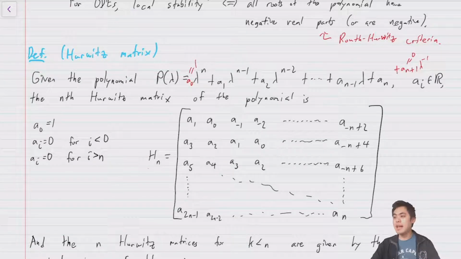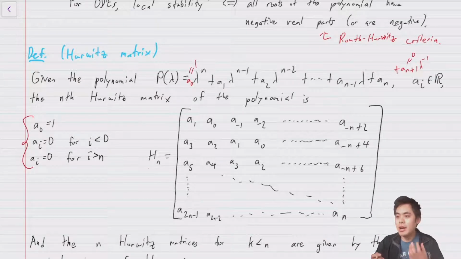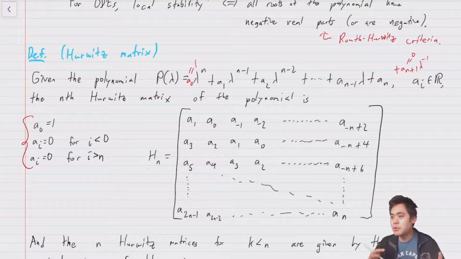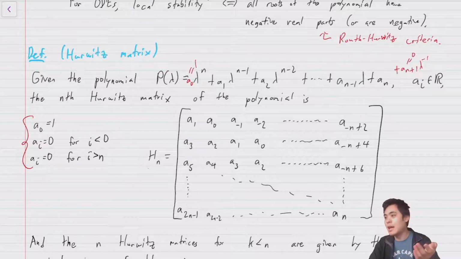And so you have things like that, which is all encoded over here: a0 is equal to 1, and then ai is equal to 0 if i is less than 0, so if it's negative, or if it's greater than n, because our polynomial only has coefficients for lambda to the n through lambda to the 0.